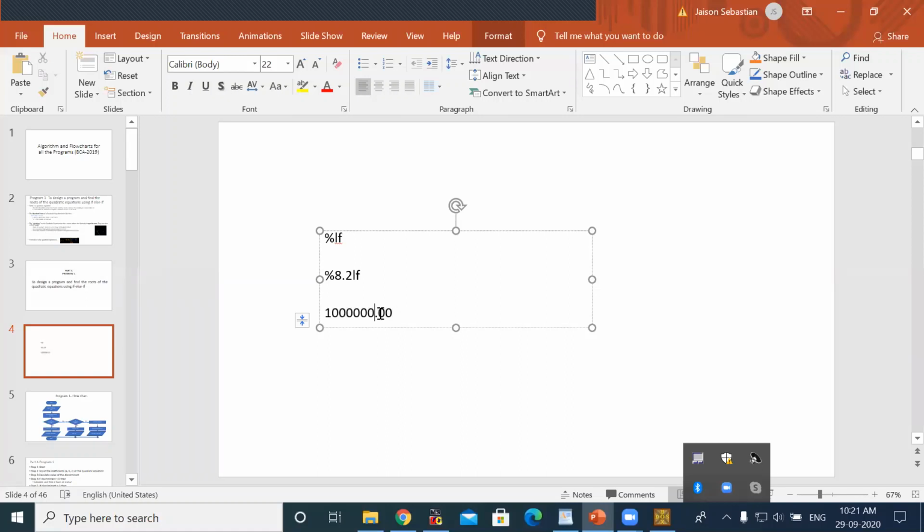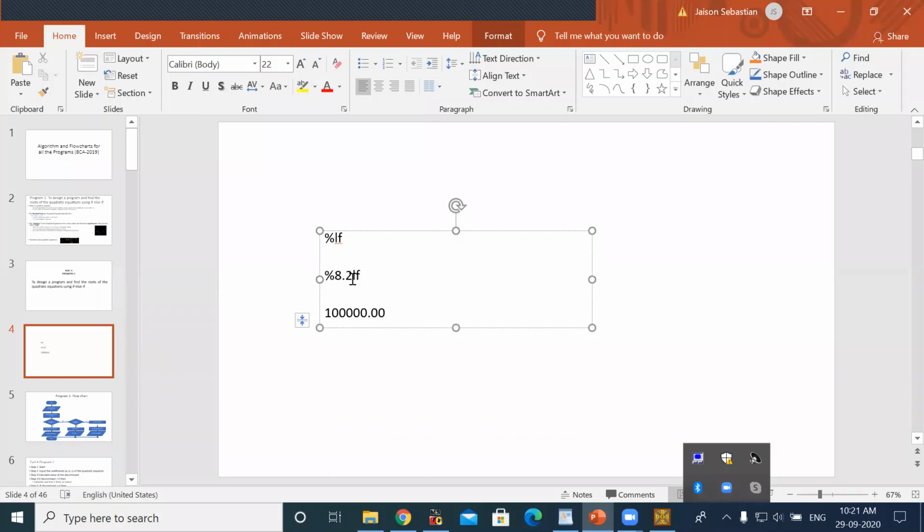It will be something like 6 plus 2, 6 places in the integer part and 2 in the decimal part. So out of 8, only 2 should be given for the decimal places.